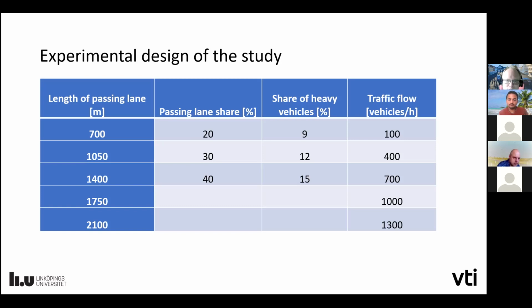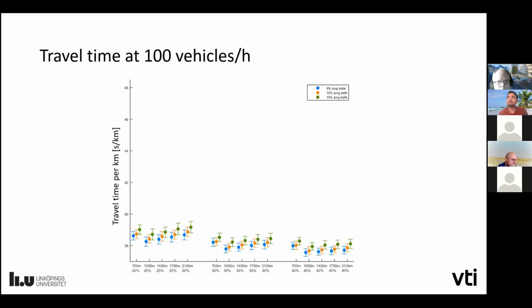We also looked at different heavy vehicle shares and different vehicle flows. We presented this with the average travel time per kilometer, so kind of the inverse speed.